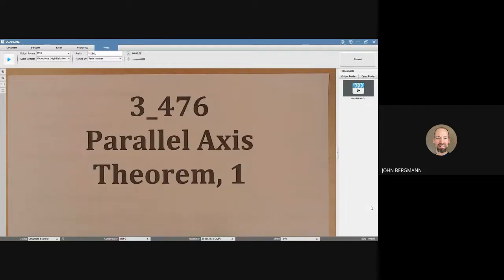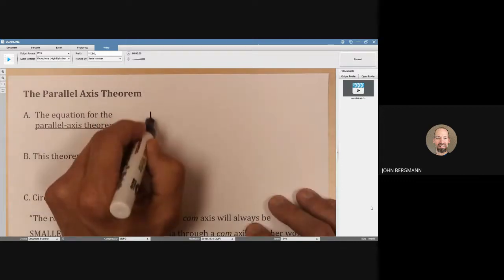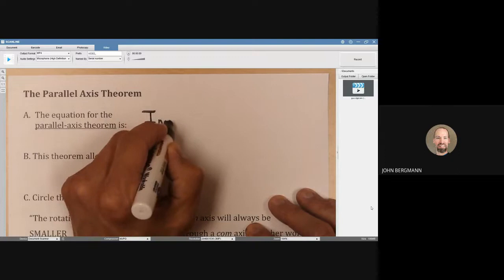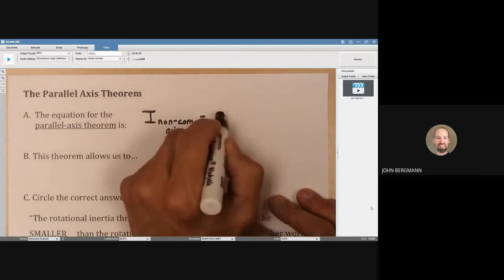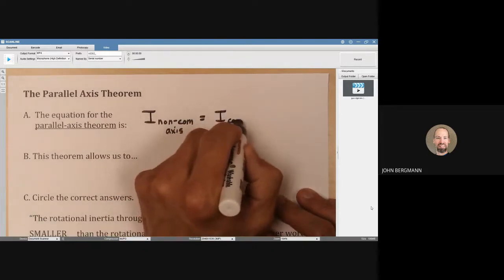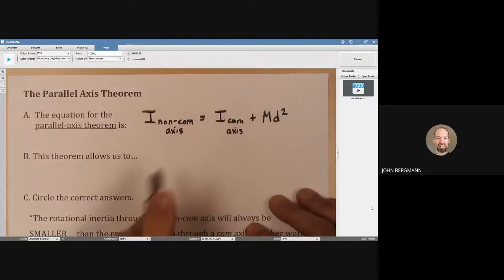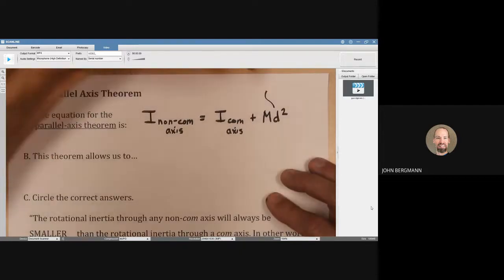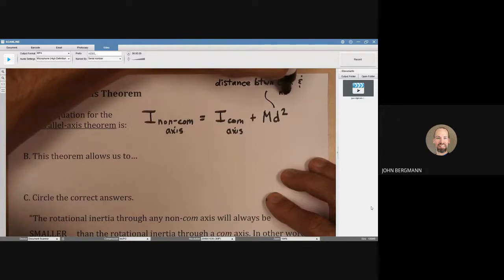Parallel axis theorem 1. The equation for the parallel axis theorem looks like this. The moment of inertia about any non-center of mass axis is equal to the moment of inertia about a center of mass axis plus m d squared, where d here is the distance between the center of mass axis and the non-center of mass axis.